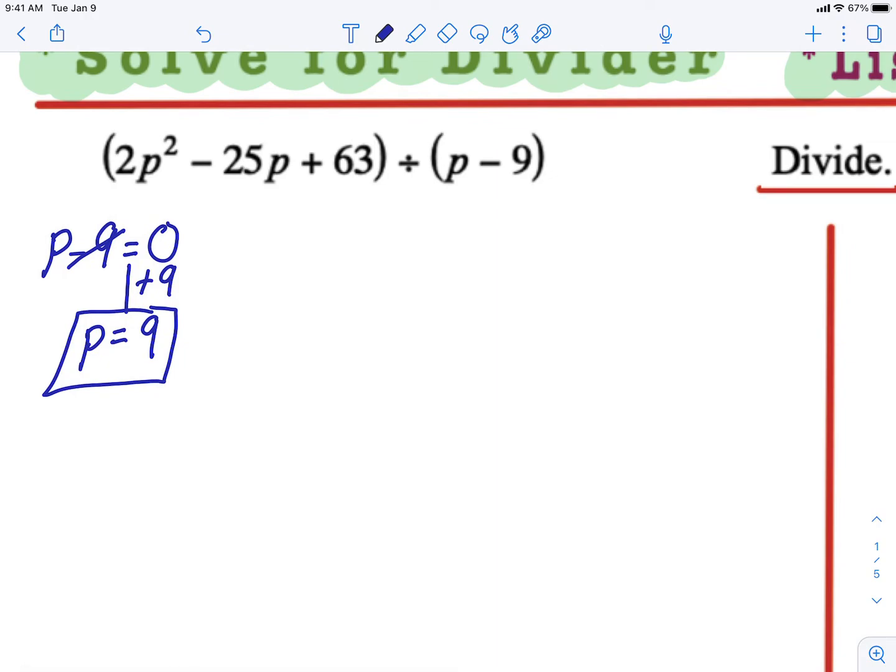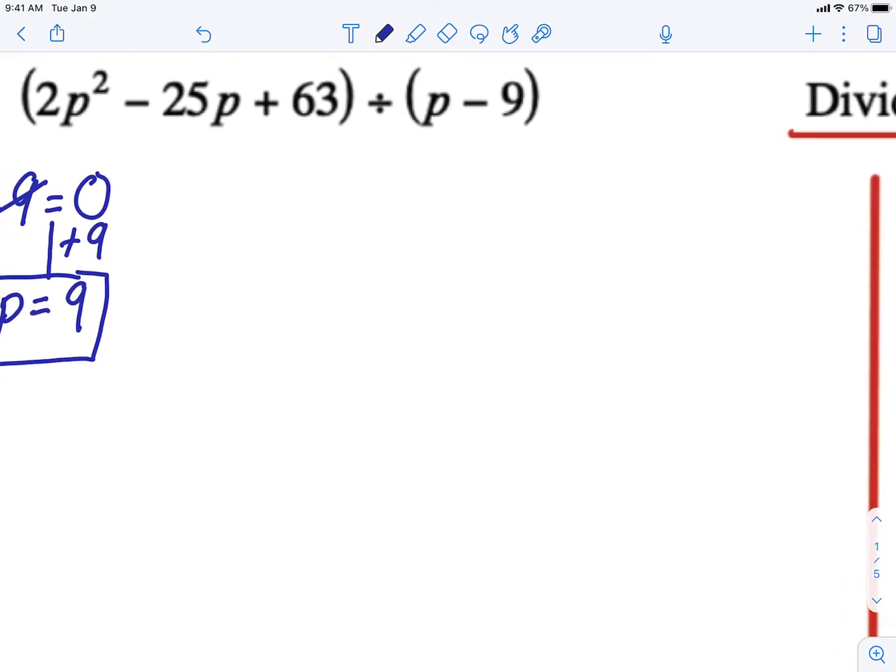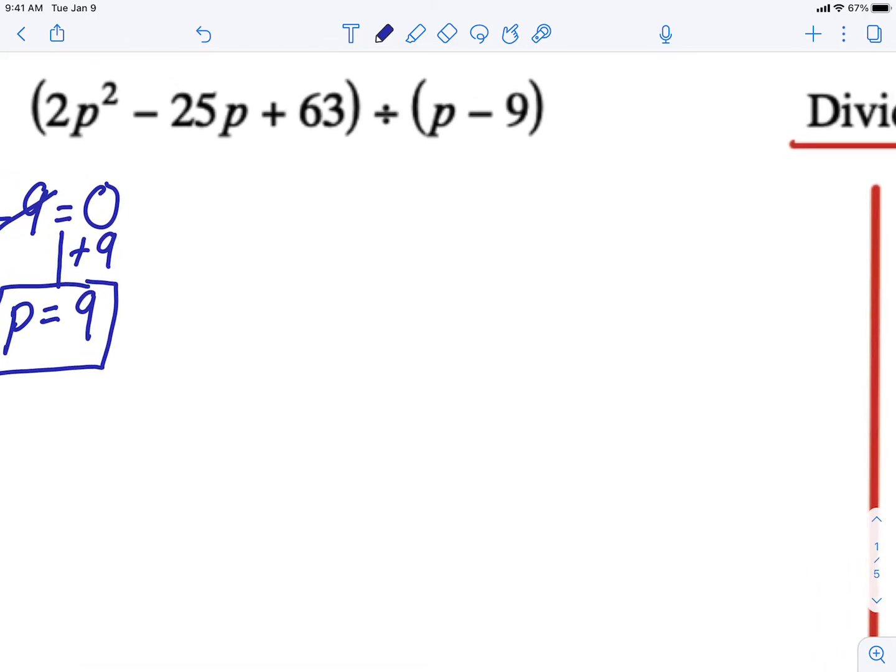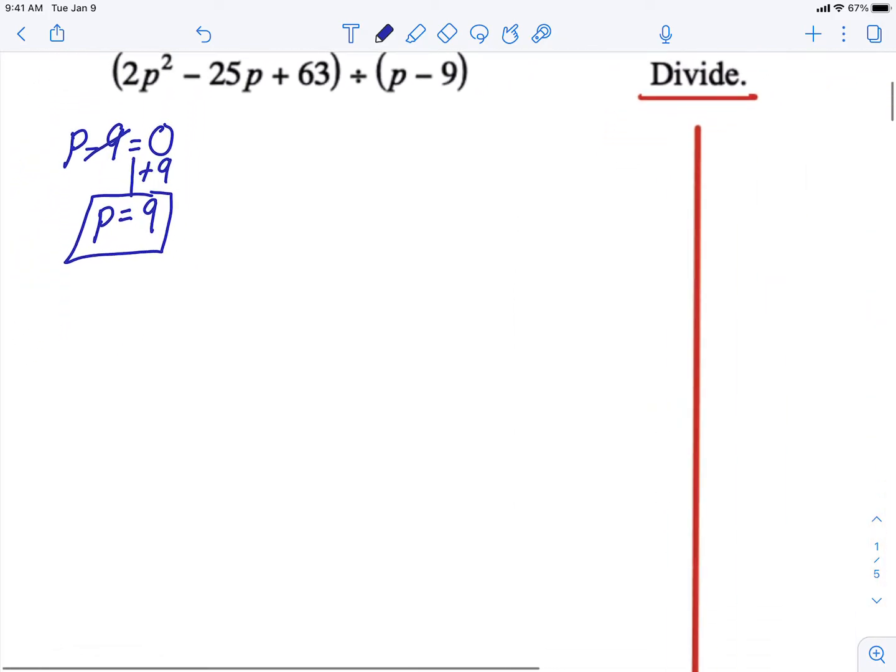Now watch what I'm going to do. I am going to draw a little box like this. Here I have room, so I'm going to draw my box like this, and inside this box I'm going to put a 9.